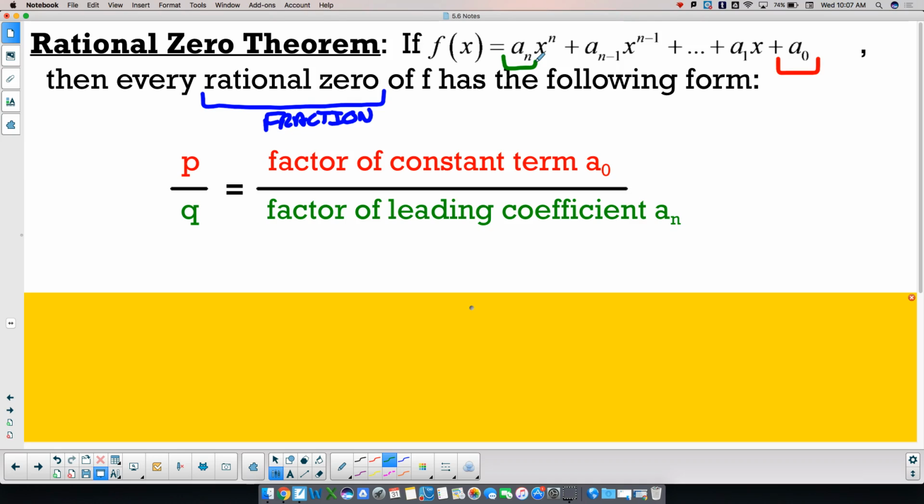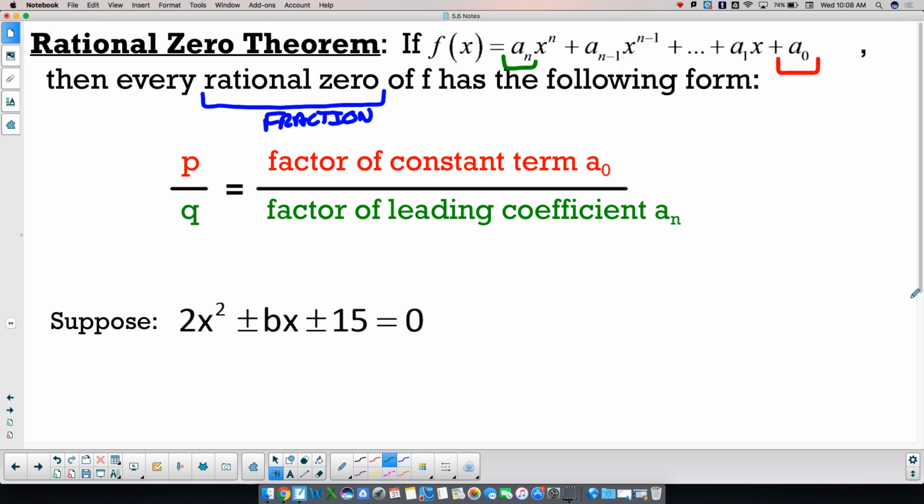To find all the rational zeros, I look at the left and the right side, take all the factors of the right side, and divide by all the factors of the left side. That takes my infinite number of zeros and narrows it down to a list that I can deal with, and from there we'll go forward with that list. So let's put it to work.